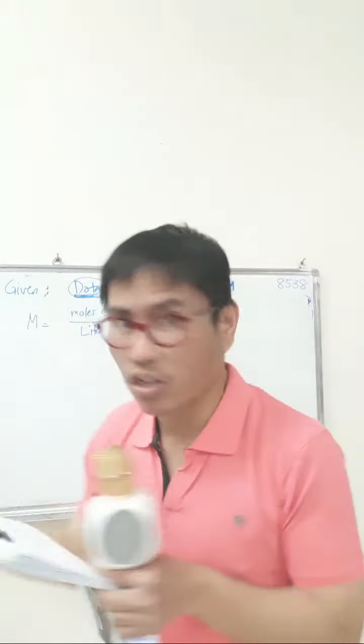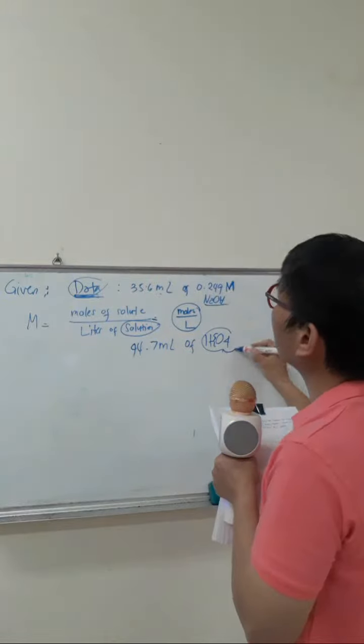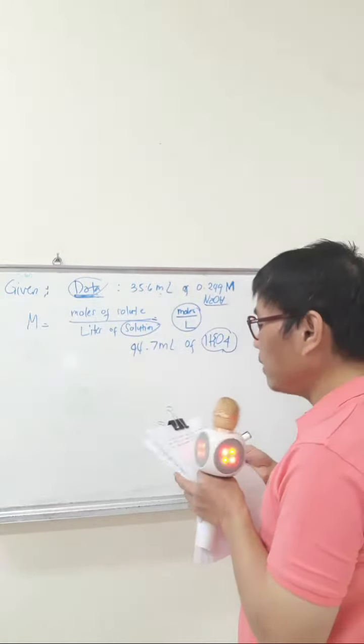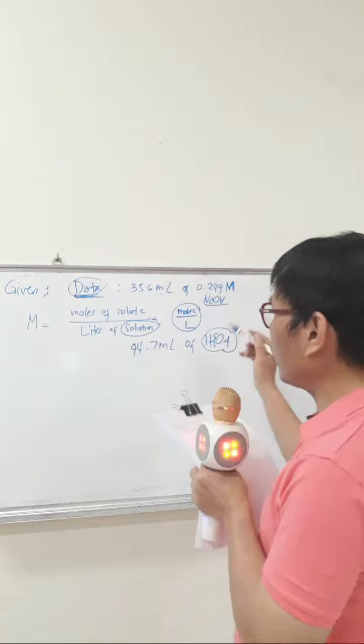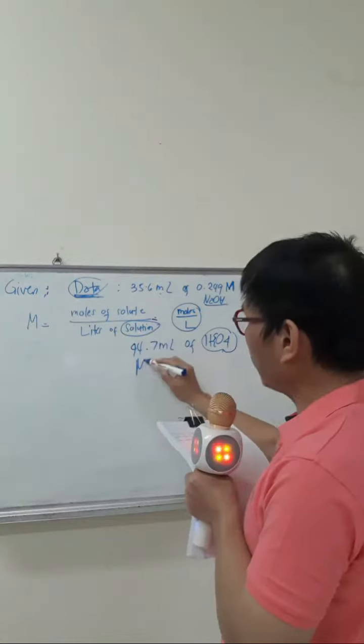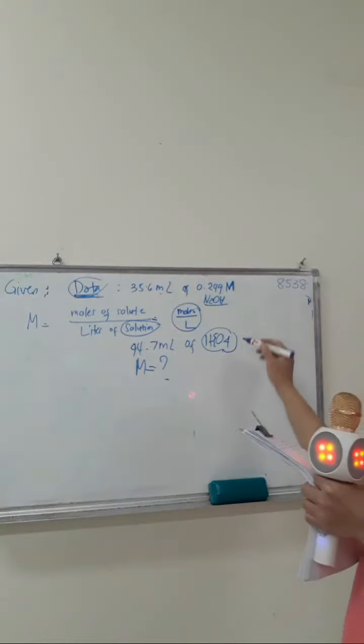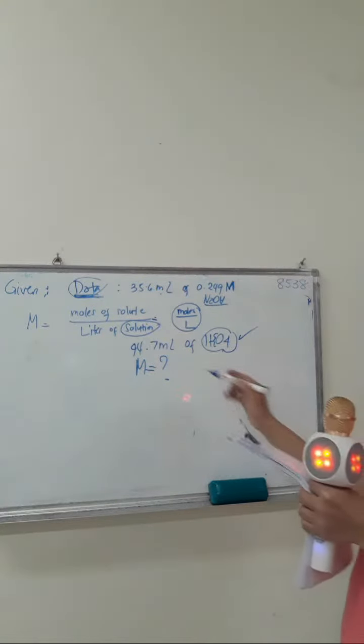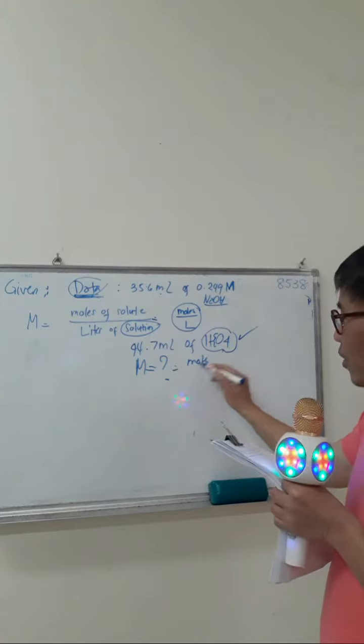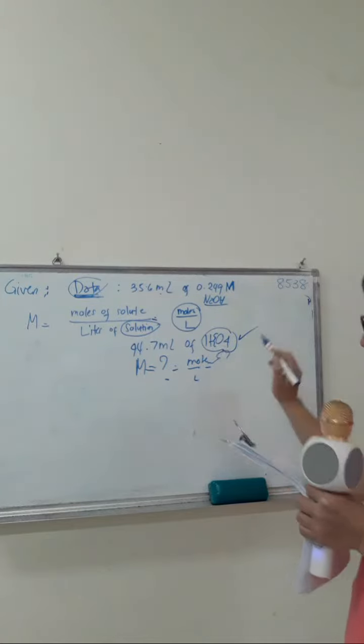Now, determine the unknown concentration of sulfuric acid. So we need to determine the capital M, the molarity of sulfuric acid, or the moles per liter of sulfuric acid.